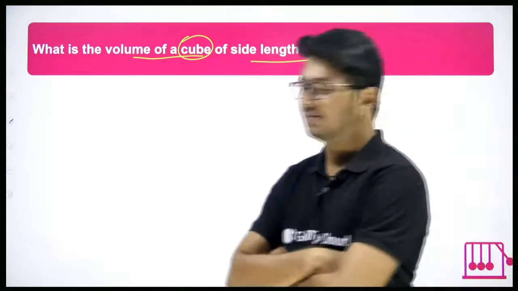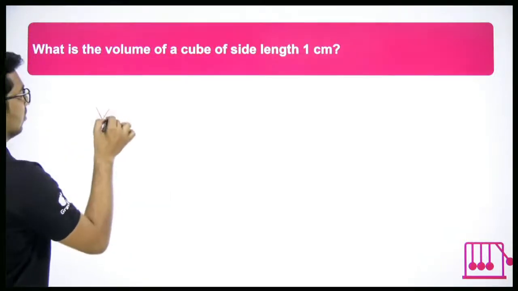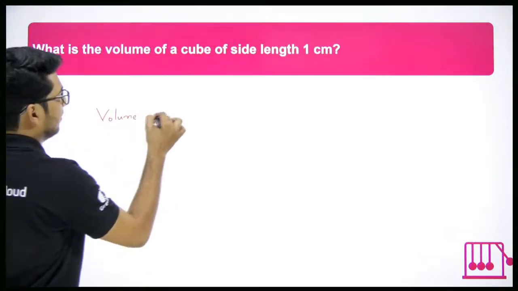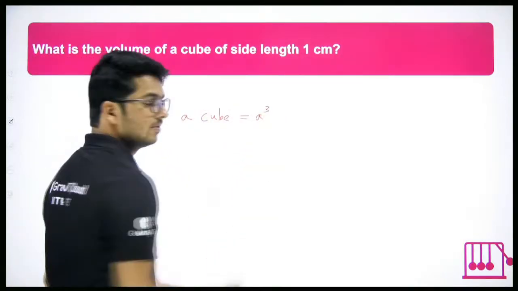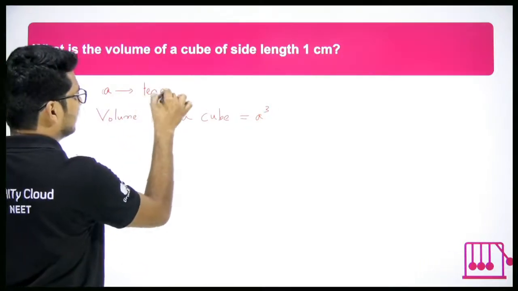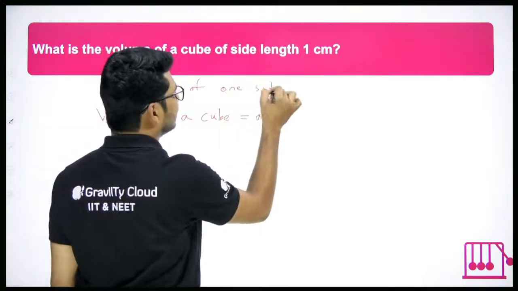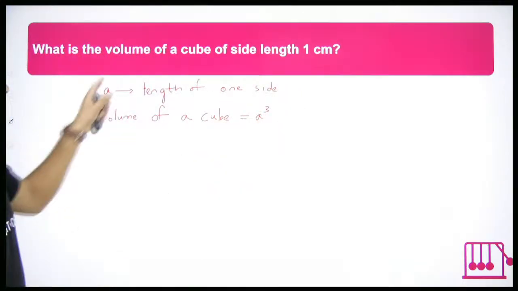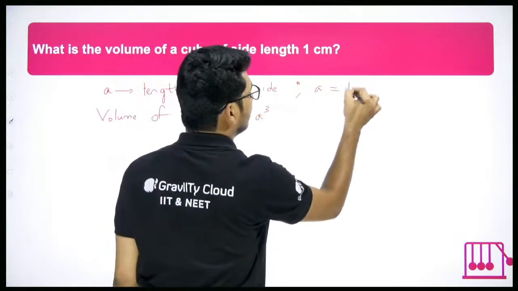Very simple formula. Volume of a cube is equal to A cube. What is A? A is the length of one side. And what is A given as? A is given as 1 centimeter. That means A is equal to 1 centimeter.